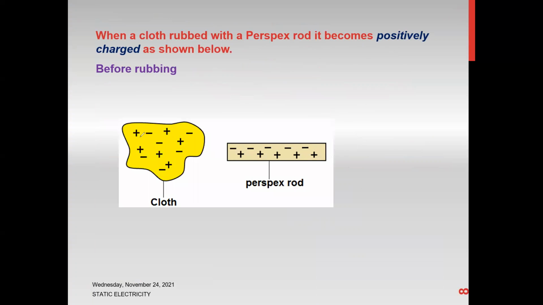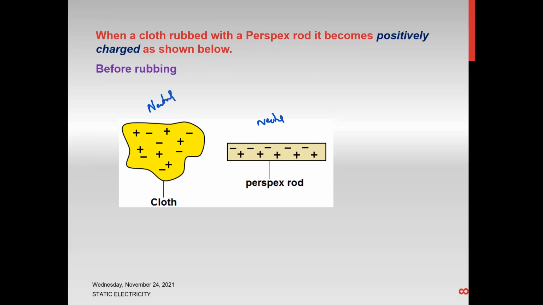As you can see, overall, a substance is neutral, so initially the cloth is neutral, and the glass rod is also neutral, because you can see 5 positive and 5 negative, and this one has 6 positive and 6 negative. So overall they are neutral.